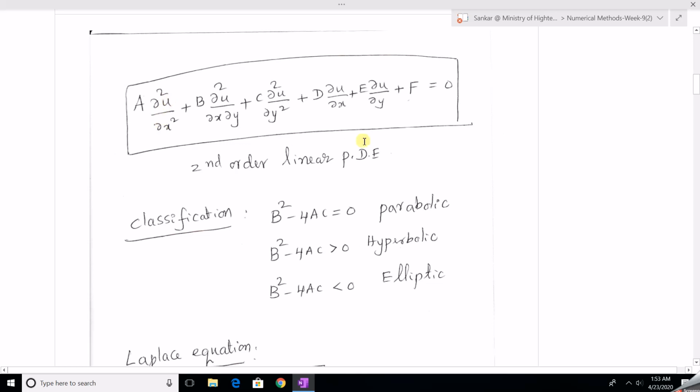So the second order linear partial differential equation can be classified into three types: parabolic equation, hyperbolic equation and elliptic equation. So this is the classification of any standard second order linear partial differential equation.